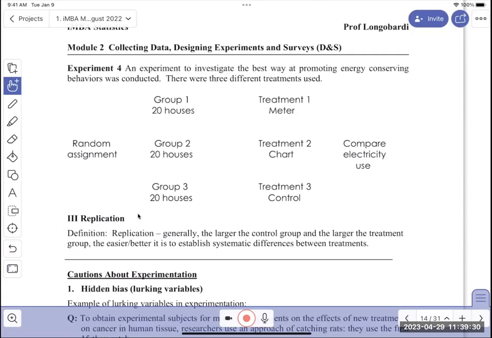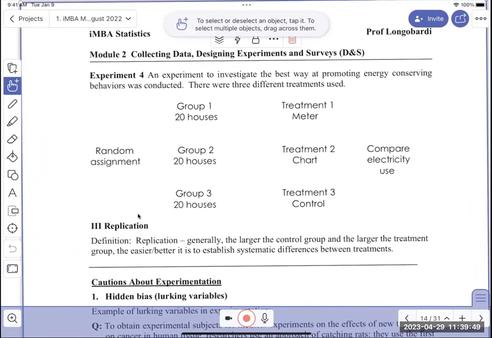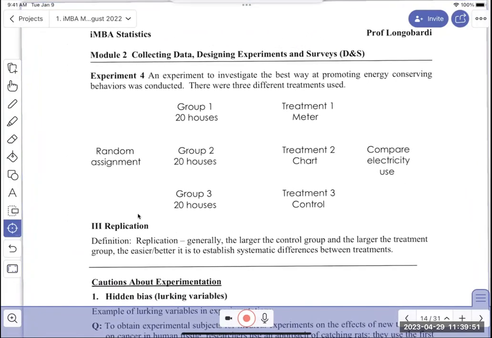And we suspect that feedback, biofeedback might be a way, I don't know if we call it biofeedback, but some sort of feedback to the participant households about their use may help. So we're going to employ two methods, two treatments to see which one is better, and we're going to compare them against a control group.